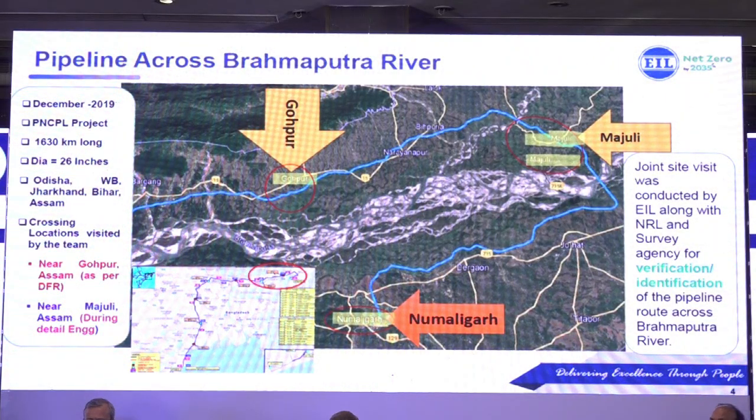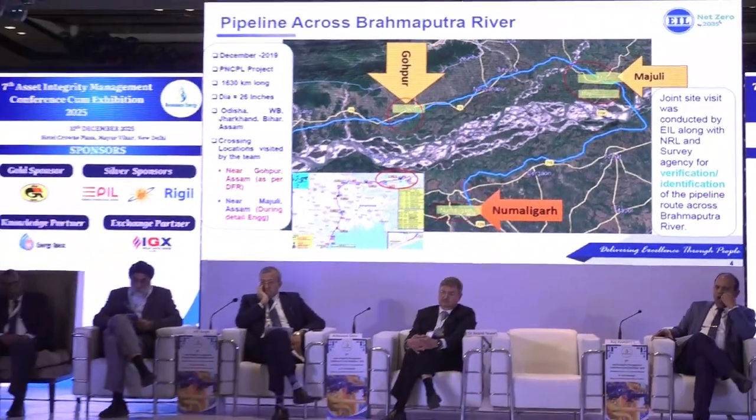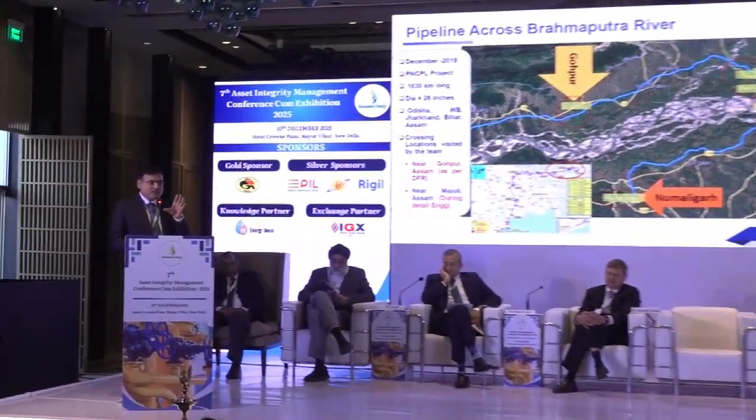At this location, the river was almost 8 kilometers wide during the DFR stage. But when it came to the design stage, almost 4 to 5 years later, when we studied this location, the crossing width had become almost 13 kilometers, because the Brahmaputra changed its river course.